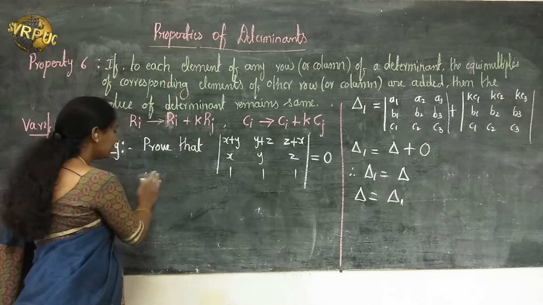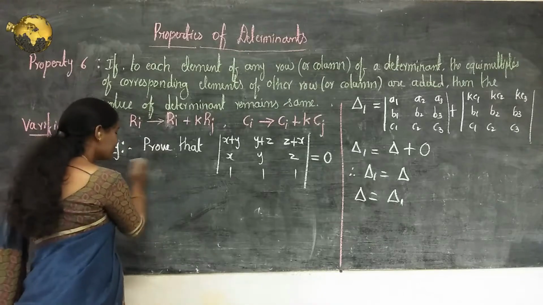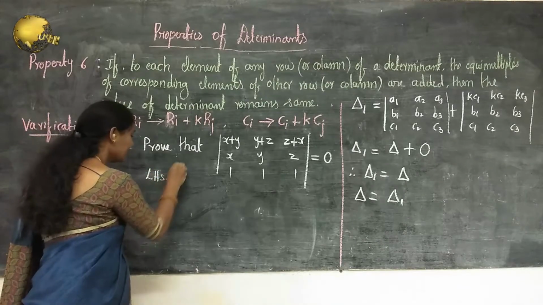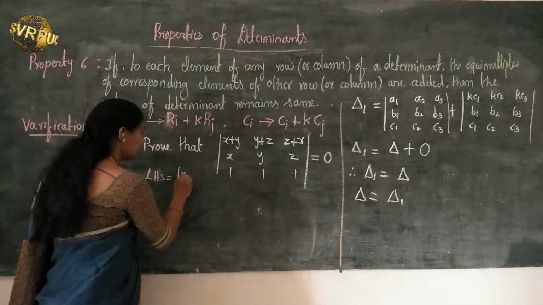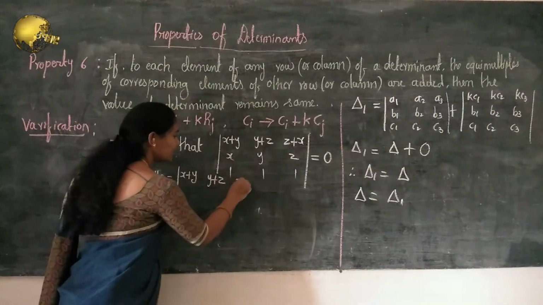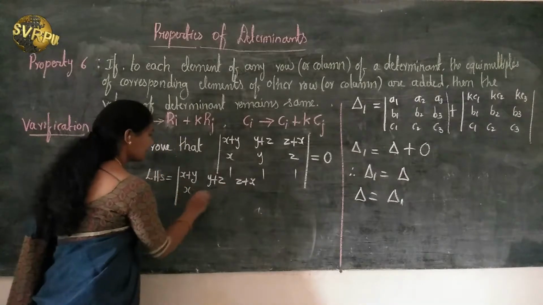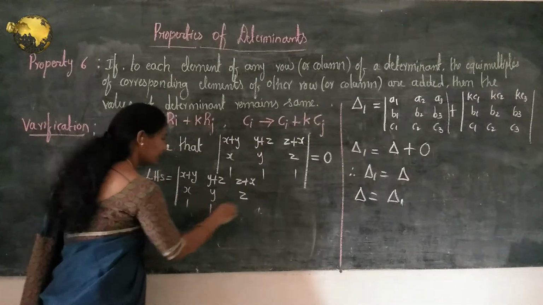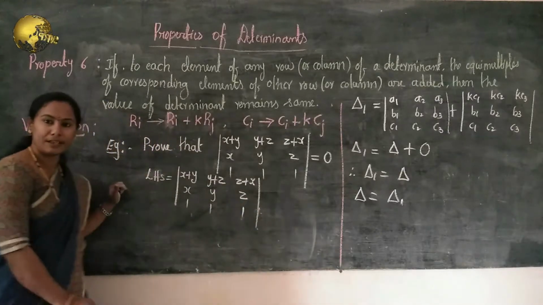Let me take directly the LHS. So LHS is the determinant x plus y, y plus z, z plus x, x, y, z, 1, 1, 1. This is our determinant.